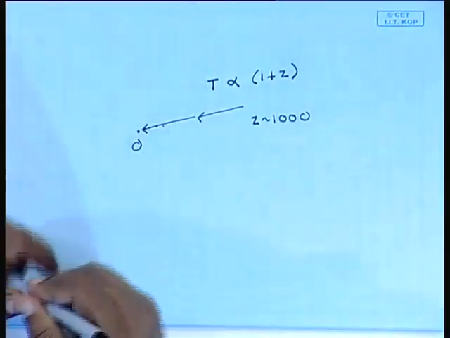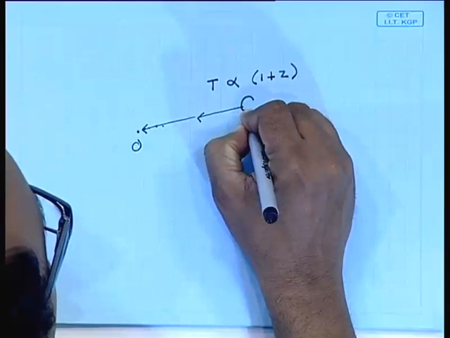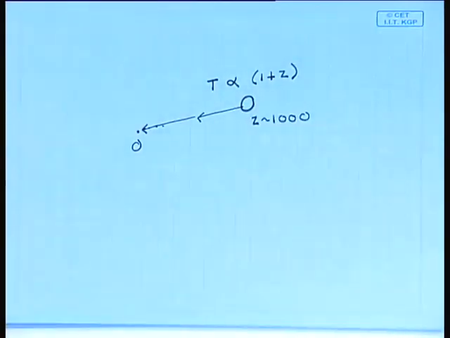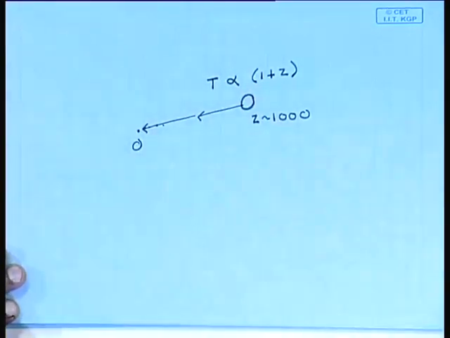Now, the question is this: suppose we are seeing a radiation which is non-interacting now, and it has a thermal spectrum. Sometime in the past it interacts with matter. In this interaction, it will lose some energy or it may gain some energy from the matter.